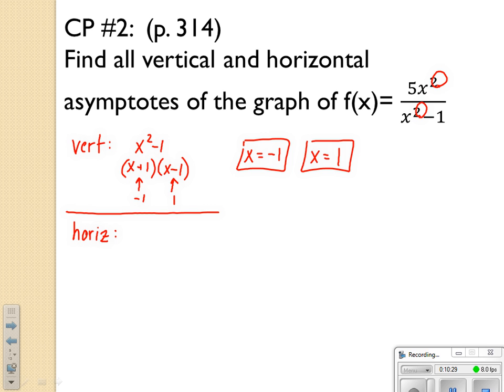If you think back to the notes that you just took, when the degrees match, your horizontal asymptote is equal to the ratio of the lead coefficient of the numerator to the lead coefficient of the denominator. The lead coefficient on top is 5, and the lead coefficient on the bottom is 1. So y equals 5 is my horizontal asymptote.